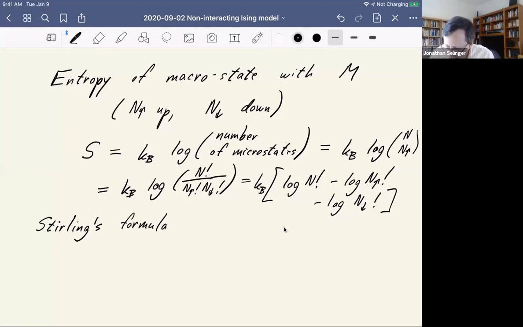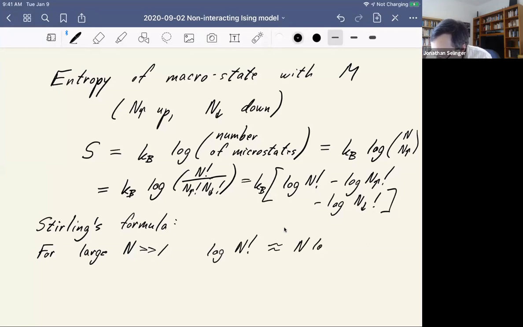And that is that for a large n, so n much greater than 1, the log of n factorial is approximately equal to n log n minus n.